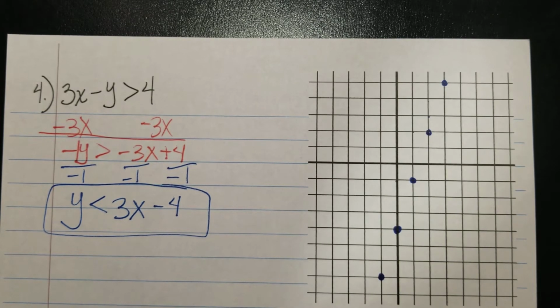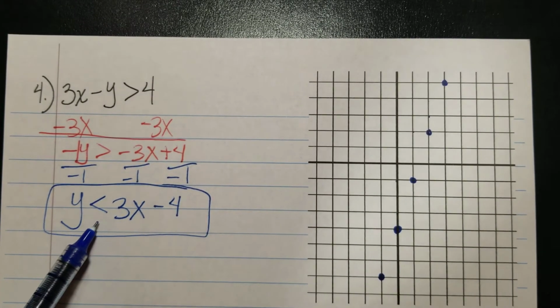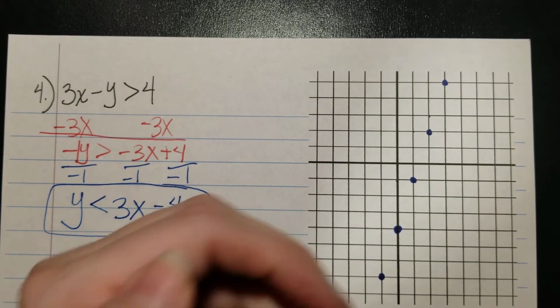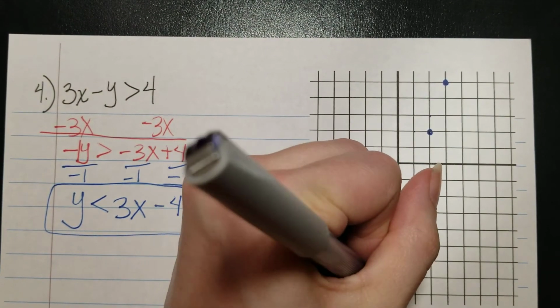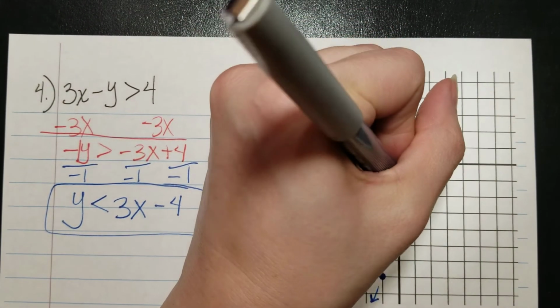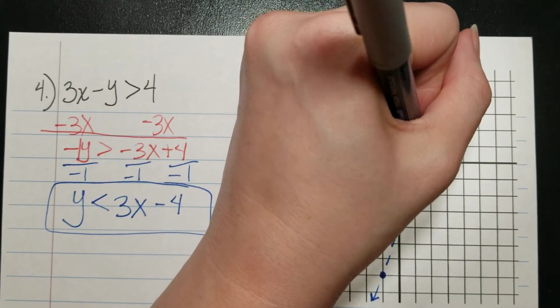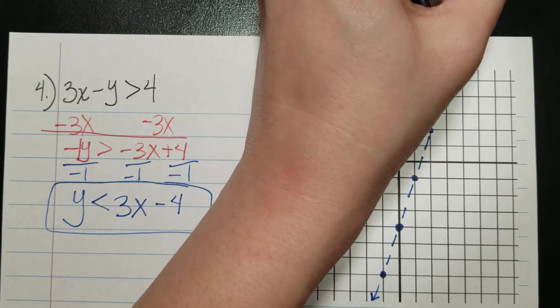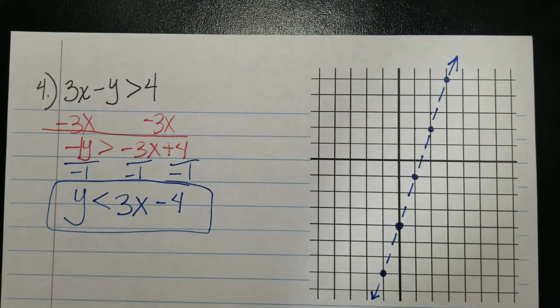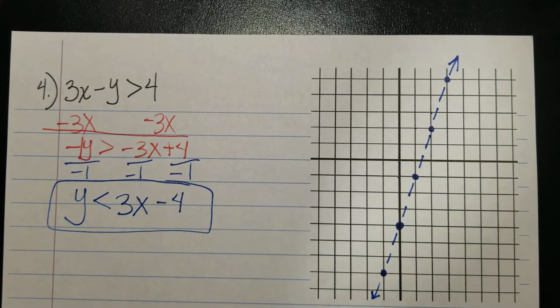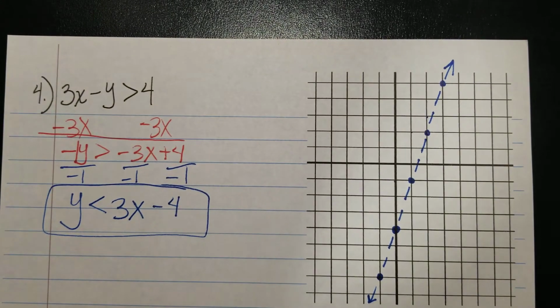Now it is strictly less than, not less than or equal to, so I'm going to use a dashed line here. Then I'm going to shade. It's less than, so I'm going to shade below the line.